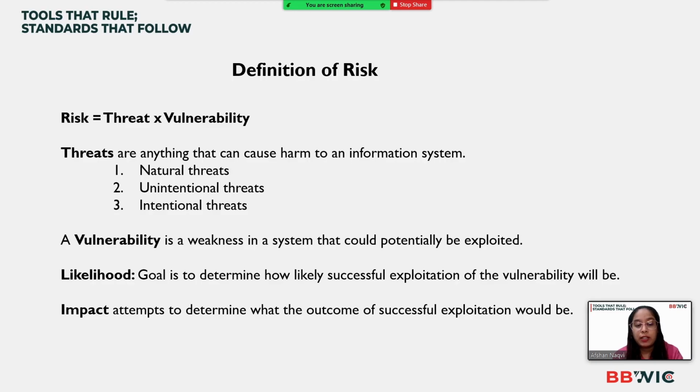Computer crimes include espionage, identity theft, child pornography, and credit card crimes. We have also discussed vulnerability. A vulnerability is a weakness or a flaw in a system that could potentially be exploited. So basically, risk is calculated for particular threat and vulnerability pairs.